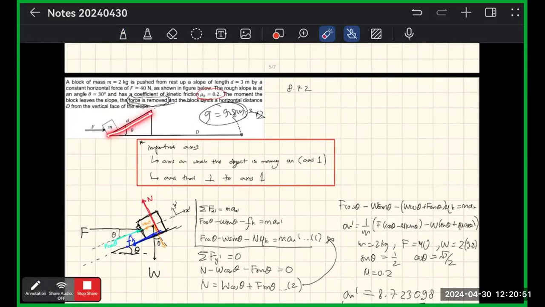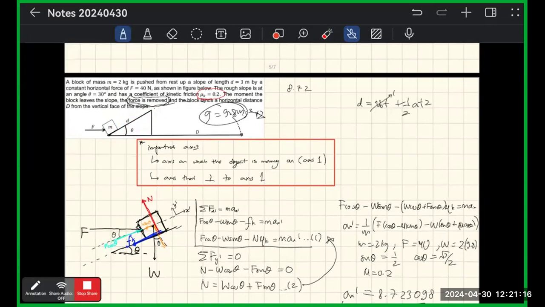You are given d here, the distance. Because the initial velocity is 0, d equals y naught t plus half a t squared.